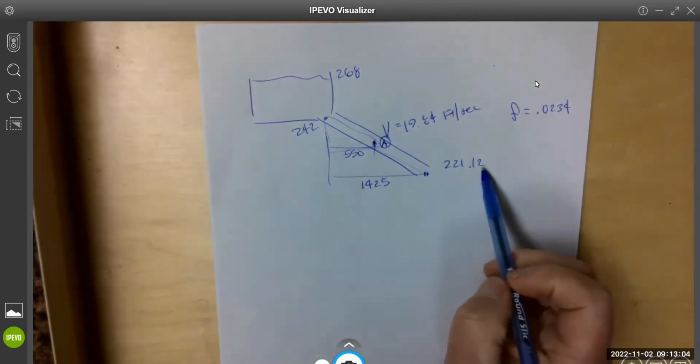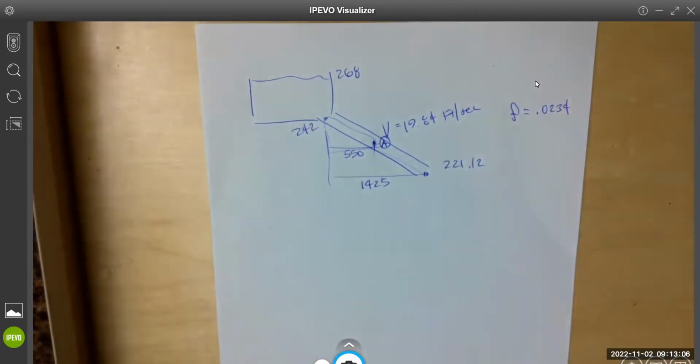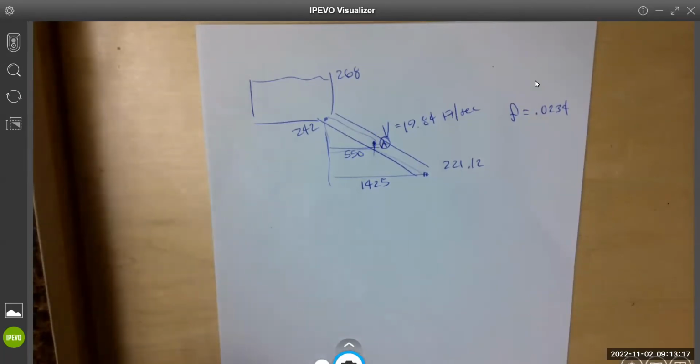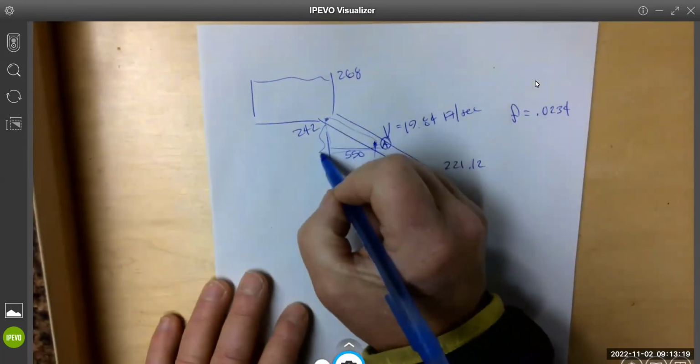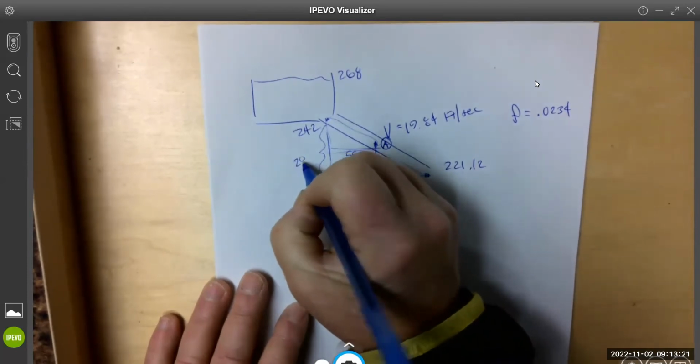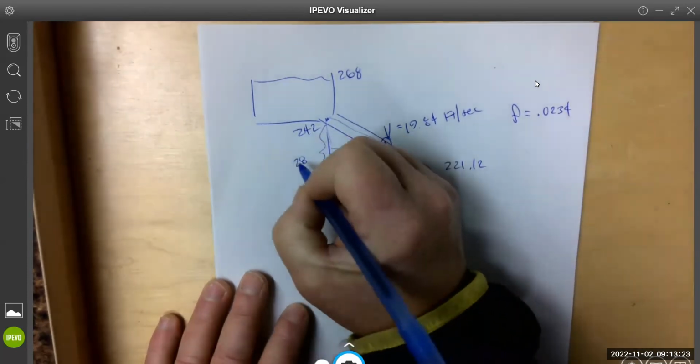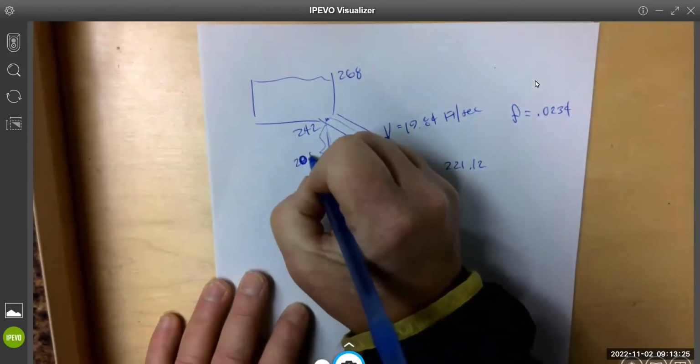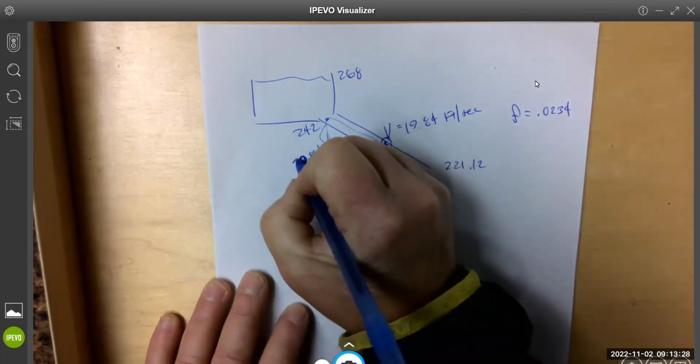So 221.12 from the 242 is 20.88. So from here to here, 20.88 feet is our height.